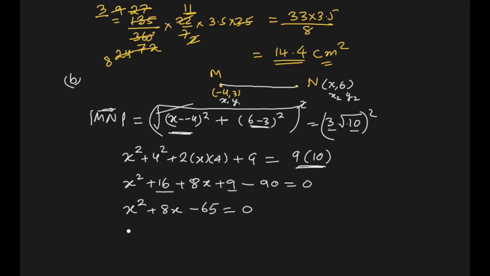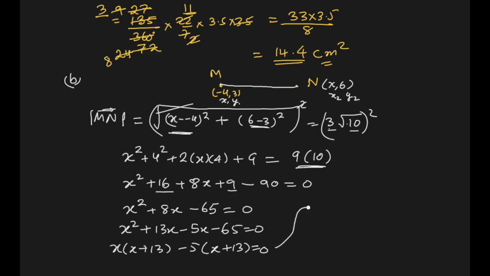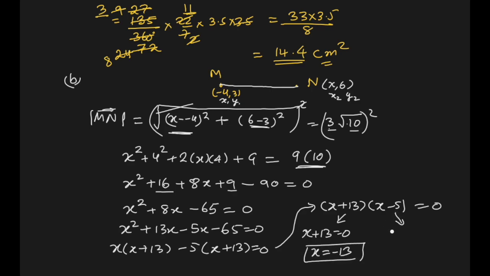So yes, 13 and 5 is correct. x square plus 13x minus 5x minus 65 equal to 0. x plus 13 minus 5 times x plus 13 equal to 0. Complete here. x plus 13 is common in both. x minus 5 equal to 0. So this one gives us x plus 13 equal to 0, x equal to minus 13. This is the first value of x. This one, x minus 5 equal to 0, x equal to 5.